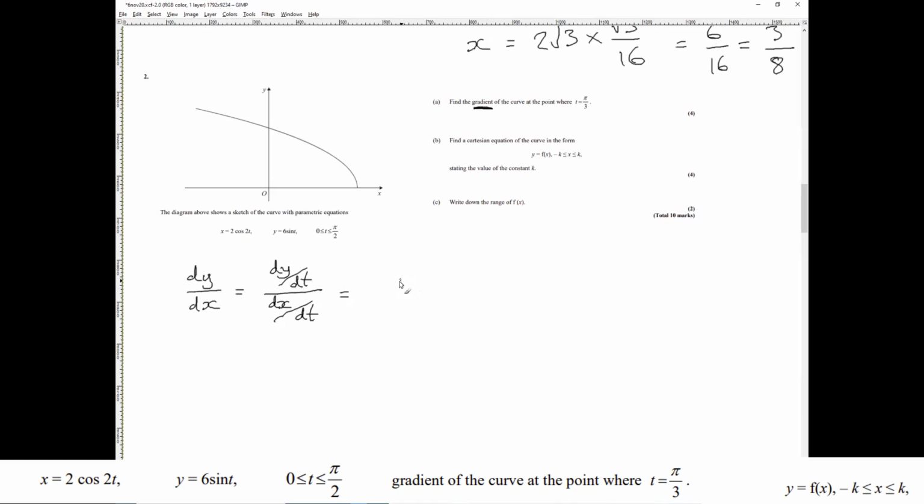So in this case, what do we get on top? In this case, on top you get 6 cos t. Good.